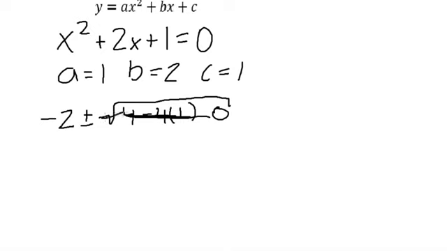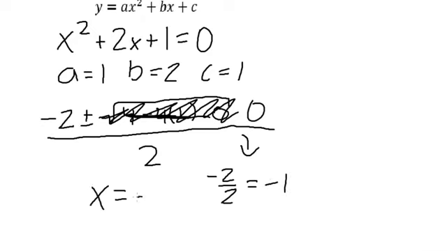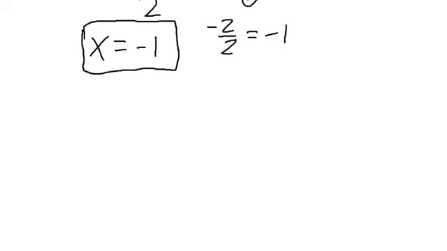And then the square root of 0 is just, again, 0. And this is all over 2a. So a is 1, so we'll just get 2. And this would simplify to negative 2 over 2, which is just negative 1. And in this example, x is equivalent to negative 1. So I'll give you more examples now.